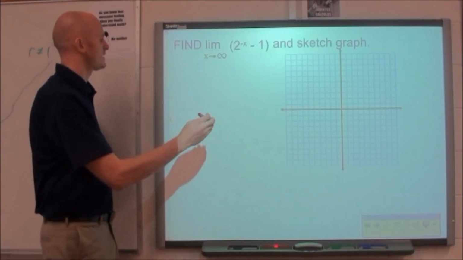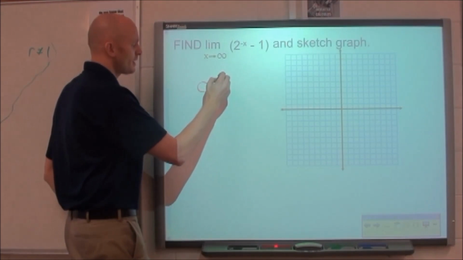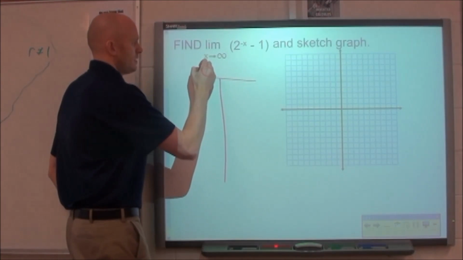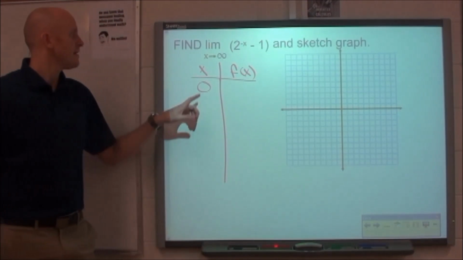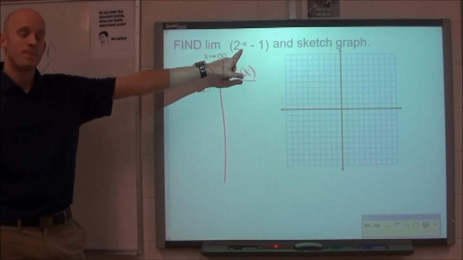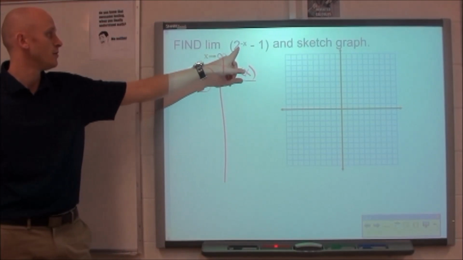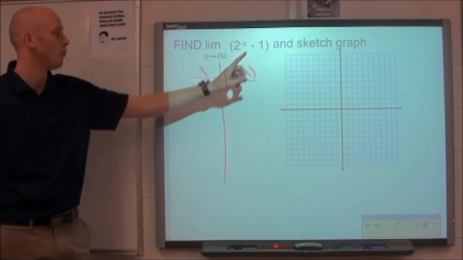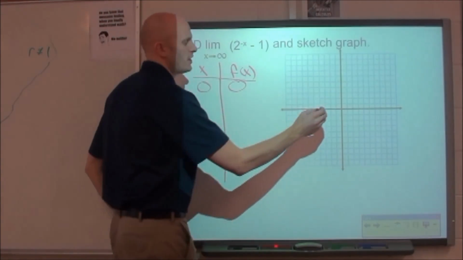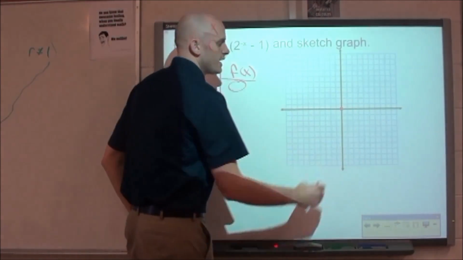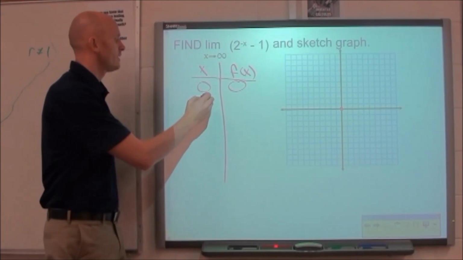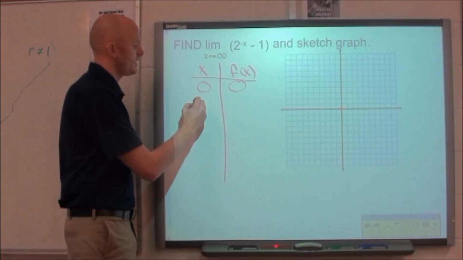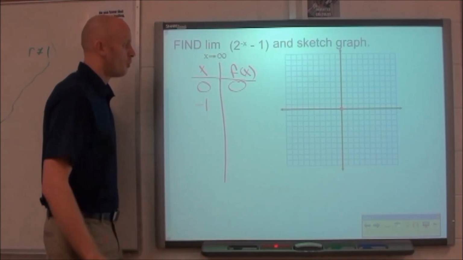Let's go ahead and look at a table. If I plug in x in f of x, if I plug in 0, 2 to the 0 power is 1, 1 minus 1 is 0. So our function value at 0 is 0. I just plot that point. From there, let's pick another value. Let's pick maybe -1.